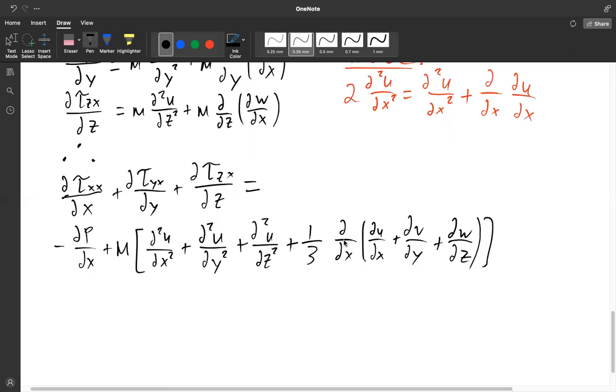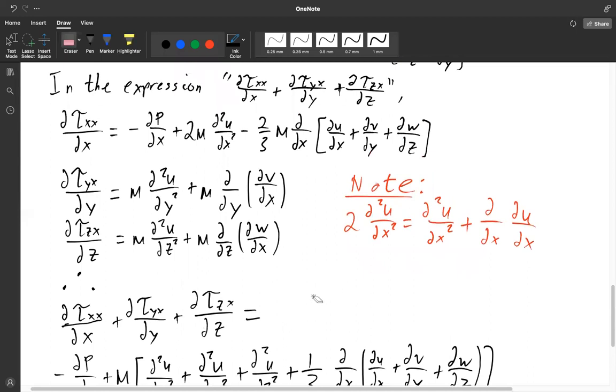And the reason we pulled this partial x out is because in all three of these terms we use this rule, this note here, that we can pull the partial x out of this term as well as of the others. Actually, let me change that.